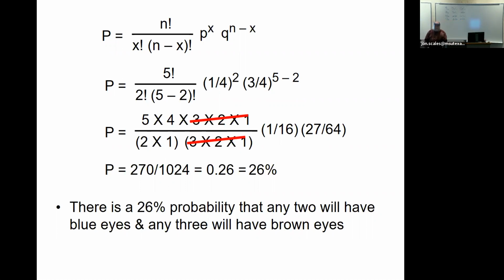What was the probability of one of them having that? Just one kid having blue eyes would have been any one kid, 25%. Is 26% more than 25%? Yes. So our gut feeling that it would just be inherently more likely is true. Okay?